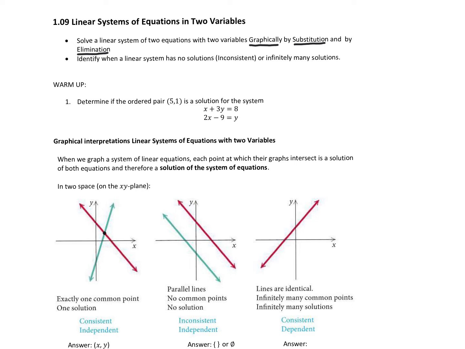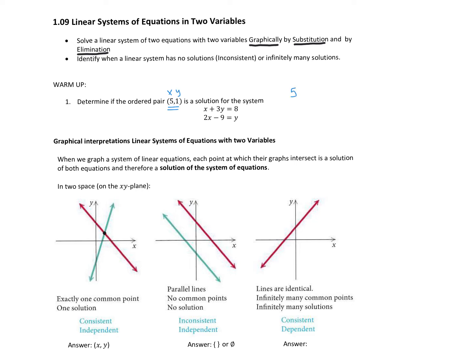So just as a warm-up, if we take a look at this ordered pair here, 5, 1, if I want to know if it's a solution to the system, it needs to work in both of these equations. So this is my x and this is my y.